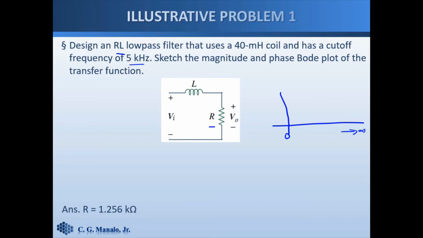this is the omega axis. So the plot would look something like this, okay, and maybe the cutoff frequency is somewhere here. So this is the maximum magnitude of the transfer function, okay.